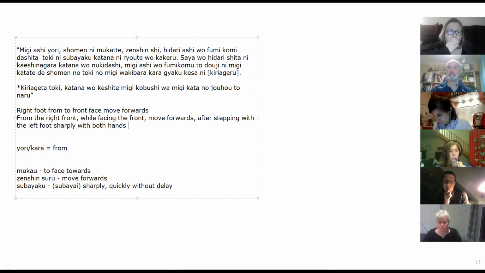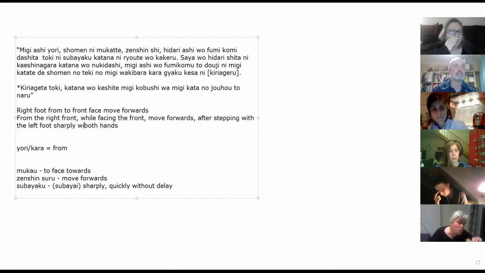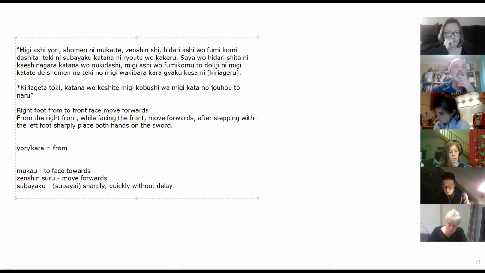Kakeru. Place both hands on the sword sharply. Good. Both hands. Or sharply place both hands on the sword. Yeah. Good.